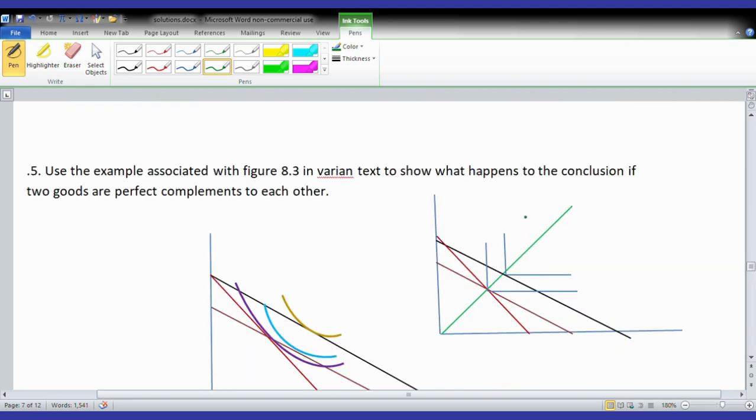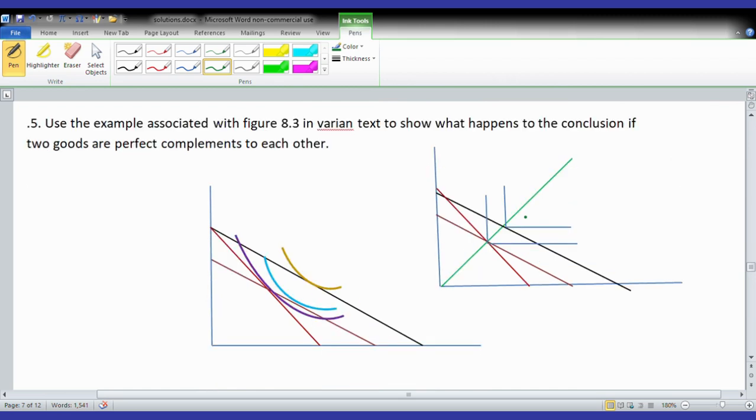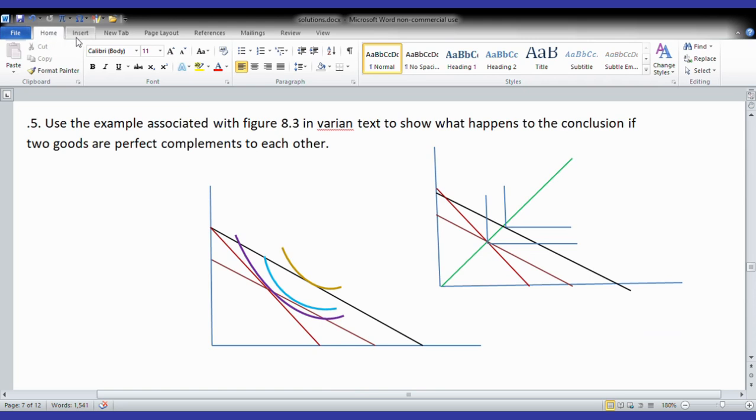Alright, then use the example associated with figure 8.3. This was the text example where they had shown in figure 3.1 the implication of a sales tax.